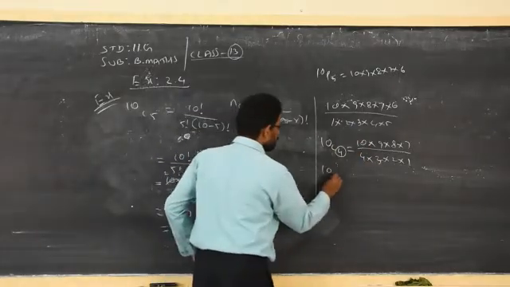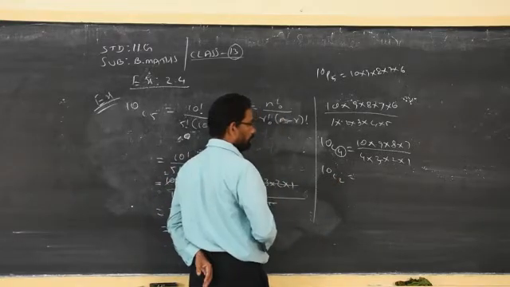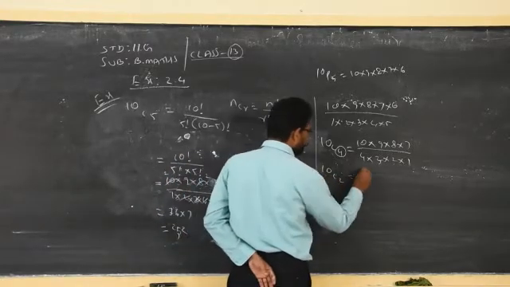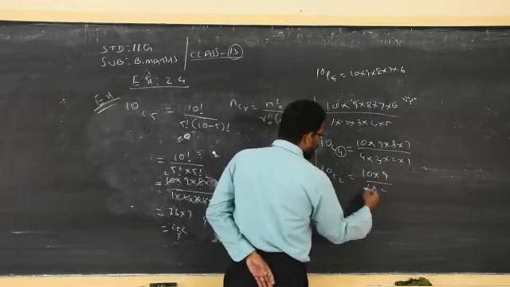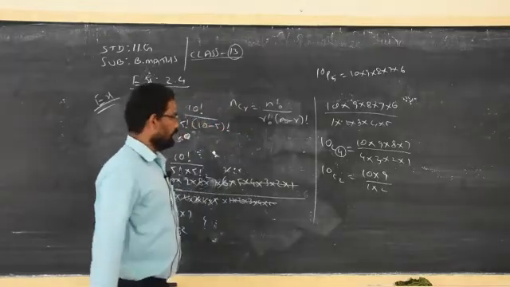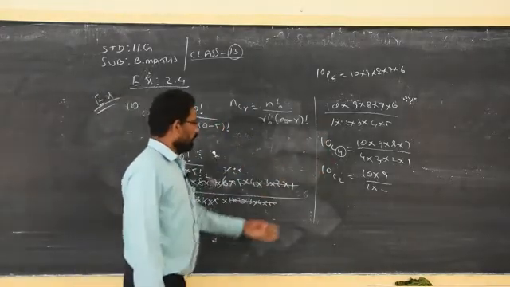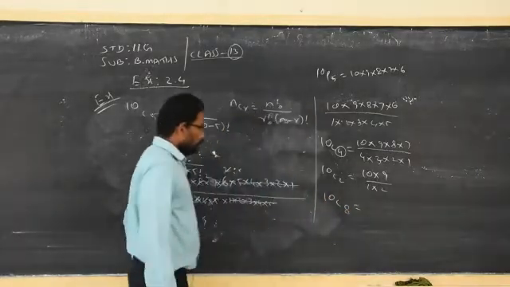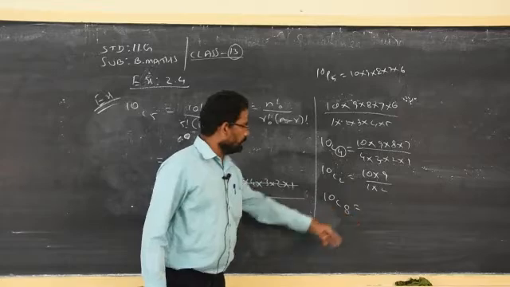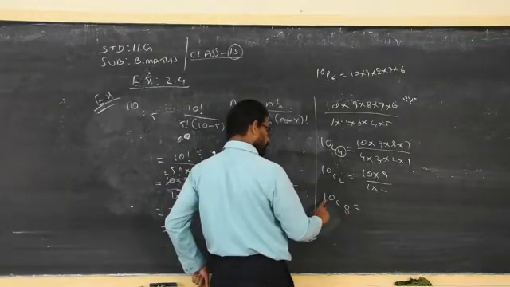If it is 10C2, you have to write 2 numbers in descending order starting from 10. So 10 into 9. Then 1 into 2 or 2 into 1, your wish. Clear? And one more possibility is there in combinations. If it is 10C8, how many numbers do you have to write? 8 numbers in descending order from 10.